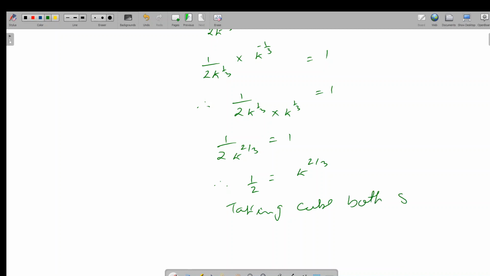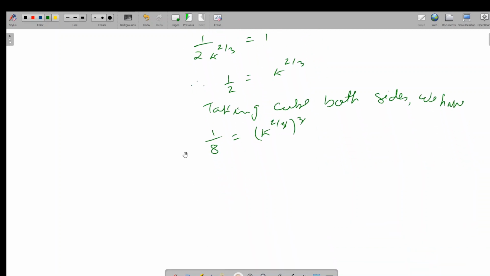Taking cube both sides, we have cube of 1 by 2 is 1 by 8 equal to k raised to 2 by 3 cube. So 3 and 3 will cancel out and we'll get k square.